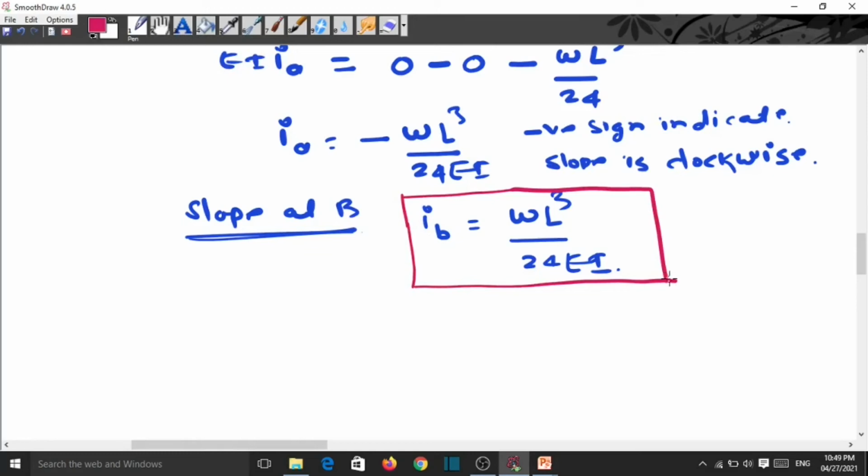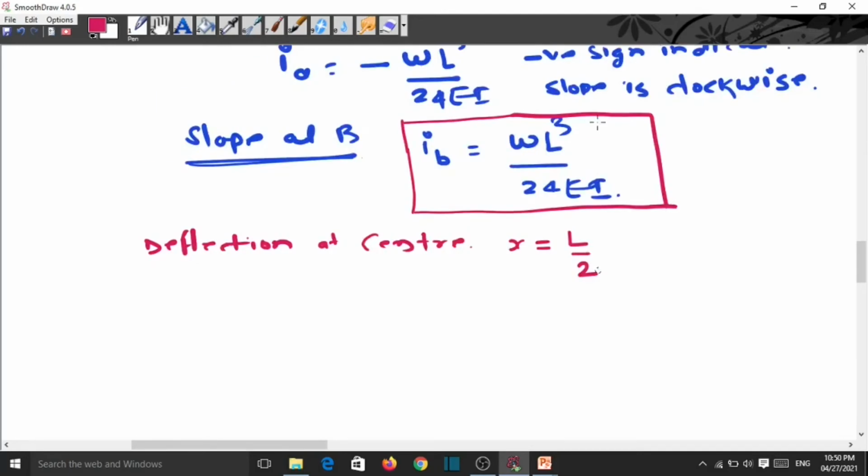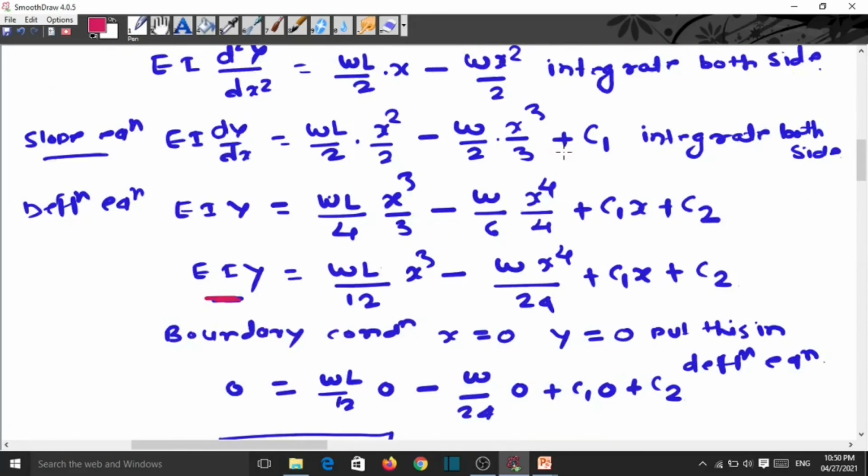Then the next part is the deflection. So we have to find the deflection at center. For that we have to put x is equal to L by 2, because center means center of the span, L by 2.